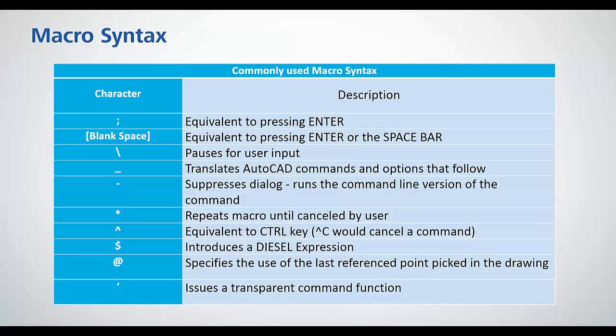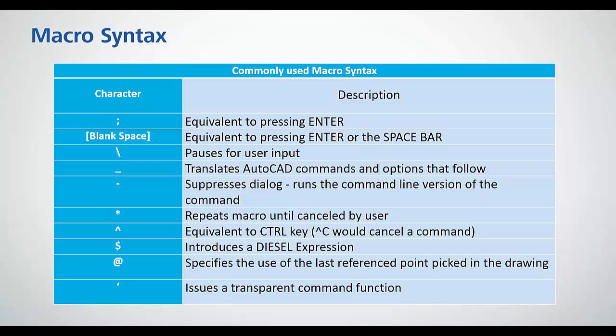All right, so the first one, what we have here is a semicolon. Okay, this is equivalent to pressing the Enter key. You could also use a space bar, and I prefer to use the semicolon because it is more visible in my macros. There's no harm in using either one, but as you know, a spacebar is the same as hitting the Enter key unless you're in a text command.